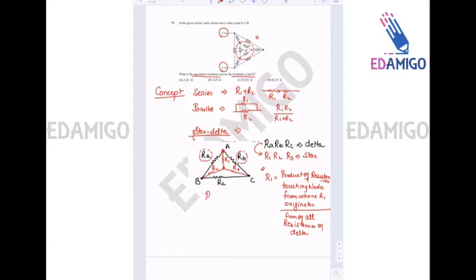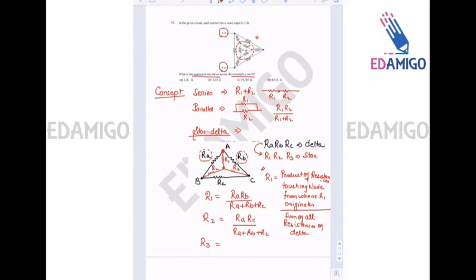So I can say that R1, which is originating from node A, will be RA RB divided by RA plus RB plus RC. Similarly, R2 originating from node B is RA RC divided by RA plus RB plus RC.